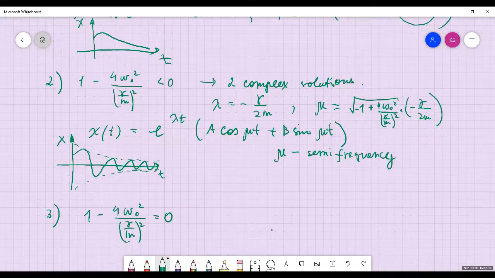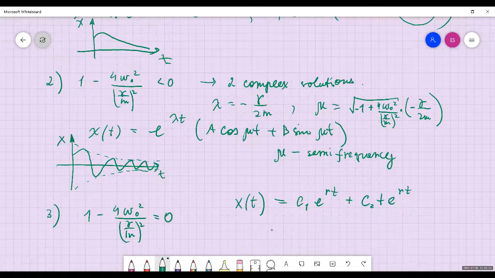And the picture for this is going to look very similar to the overdamped motion, because what we have, remember, critically damped motion is going to give you one exponential factor like C1, for example, e to the power of rt plus C2 t e to the power of rt. Again, r here is going to be negative, so there are going to be two decreasing exponents, but one of them is going to be multiplied by t. And the picture is going to look similar to what we had over here.